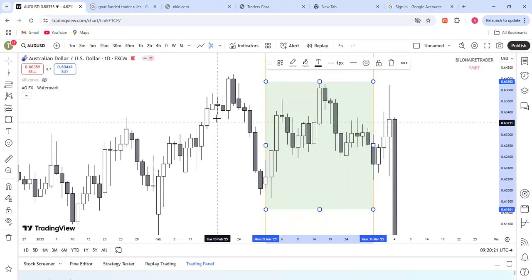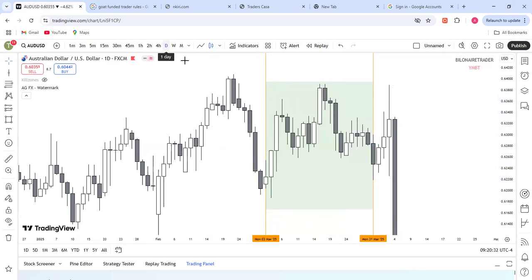It means that any time frame you are on, each candle forms per that time frame. So if you're on the daily time frame, each candle you see on that daily time frame forms every single day, right?